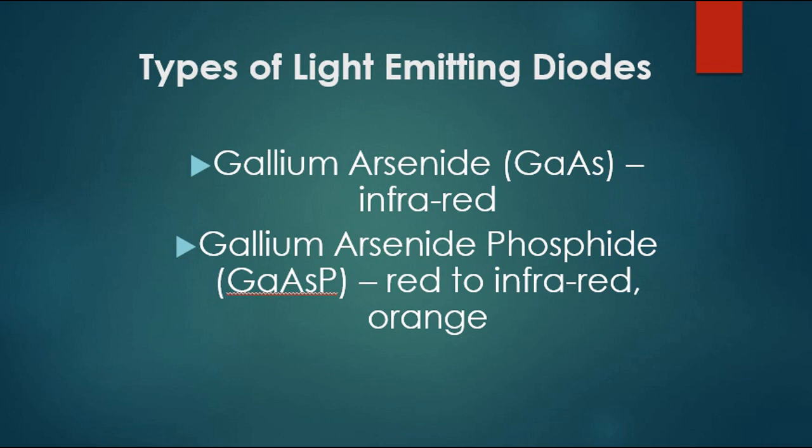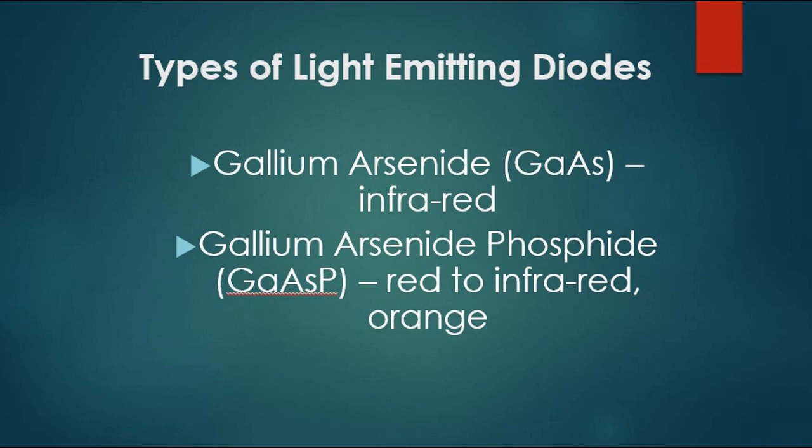We have gallium arsenide, which gives infrared. Then we also have gallium arsenide phosphide, which gives red, orange and infrared.